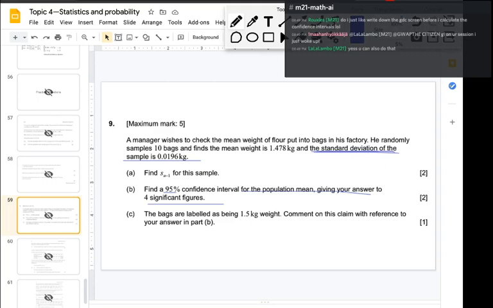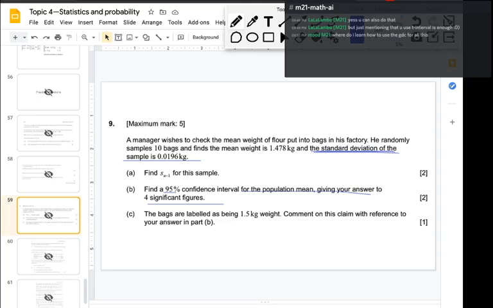If you've seen mark schemes like Revision Village, they try to work on it manually, but you don't really need to know how to do that. You can just click on your GDC for the interval and that will give you the final answer.